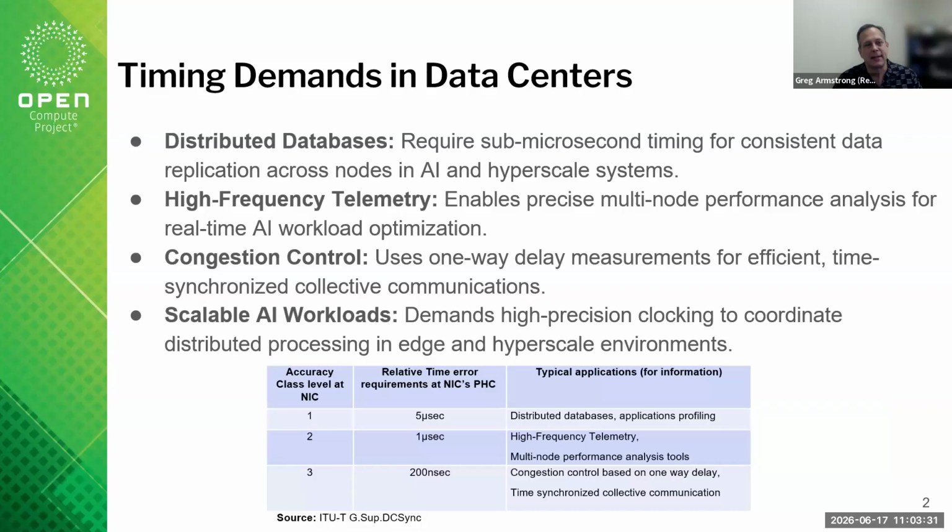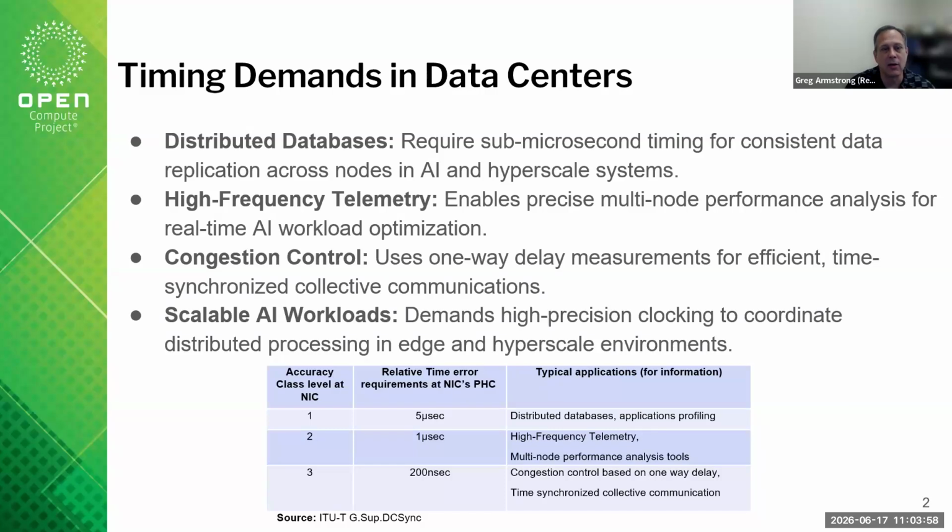The timing demand in data centers, I don't think this is going to be new to anyone here on the call. These are things that have been brought up to the project group over the years, saying we definitely are seeing there's going to be a need for precision synchronization, precision time, within the data center, within the server, and for distribution amongst data centers.